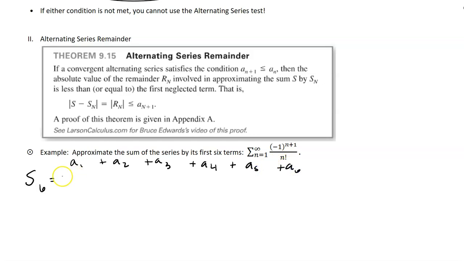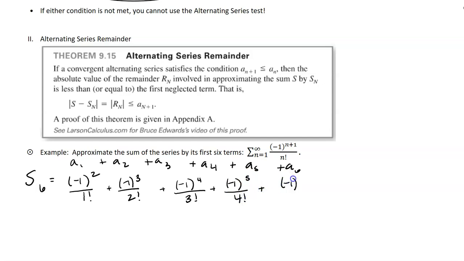So this will be negative 1 squared over 1 factorial, plus negative 1 cubed over 2 factorial, plus negative 1 to the 4th power over 3 factorial, plus negative 1 to the 5th power over 4 factorial, plus negative 1 to the 6th power over 5 factorial, plus negative 1 to the 7th power over 6 factorial.